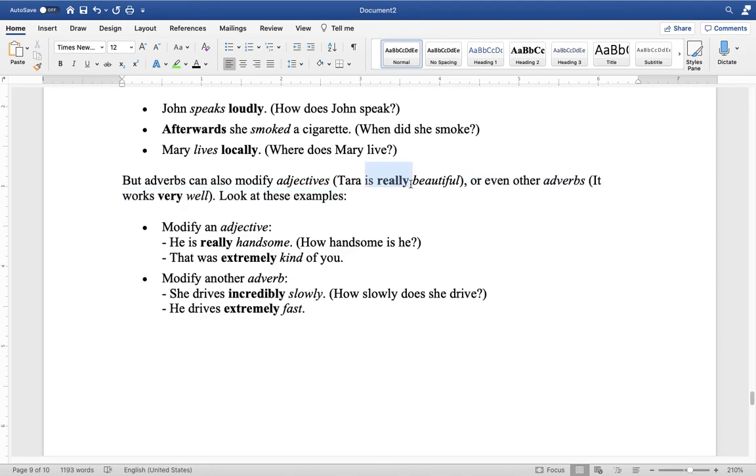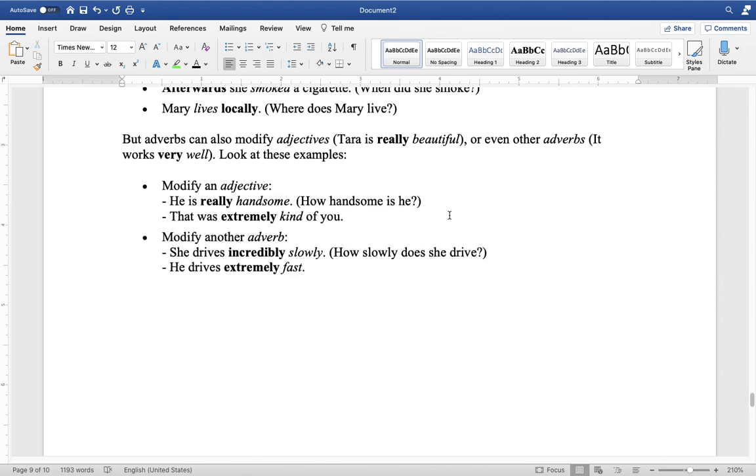Tara is really beautiful. It works very well. So my question there would be, why is it that she's really beautiful? What does really beautiful mean versus just beautiful? And it works very well versus just it works well. What is the difference there? At the level of writing, what is the difference?